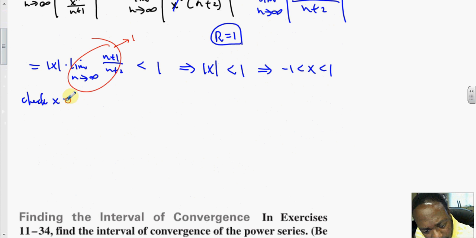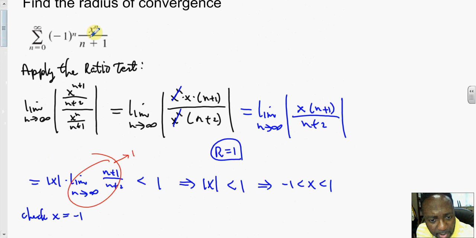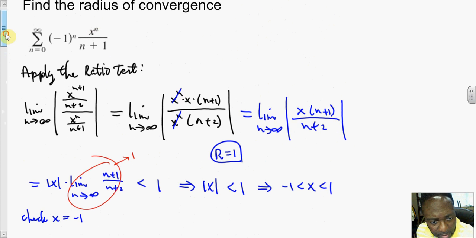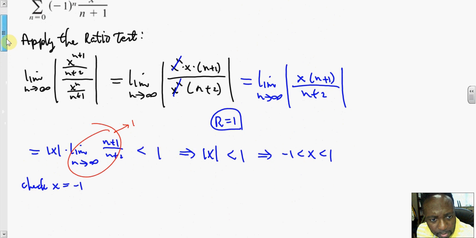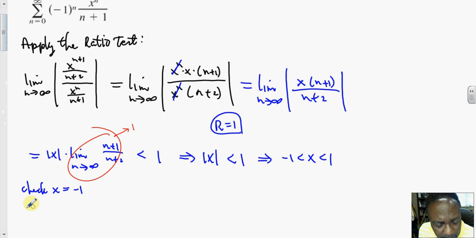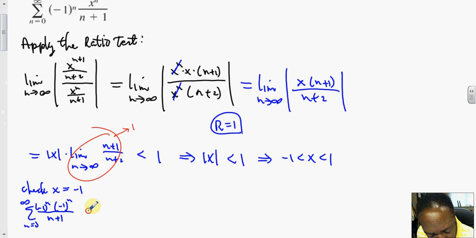So check x equal to negative 1. You're going to take x equal to negative 1 and plug it back into the original series. So this is the summation as n goes from 0 to infinity of negative 1 to the n, that's necessary, then x is negative 1 to the nth power, divided by n plus 1.